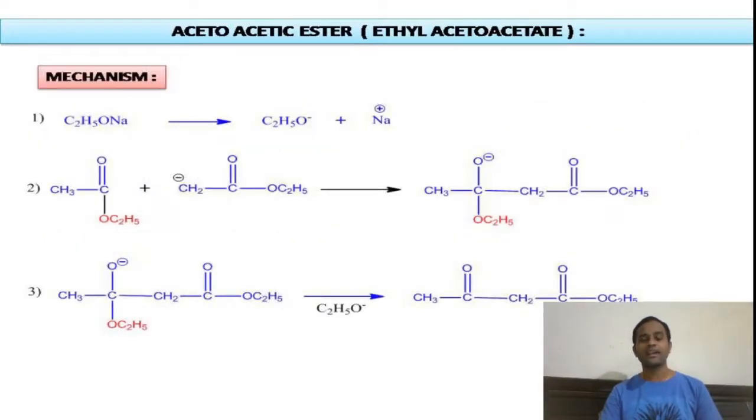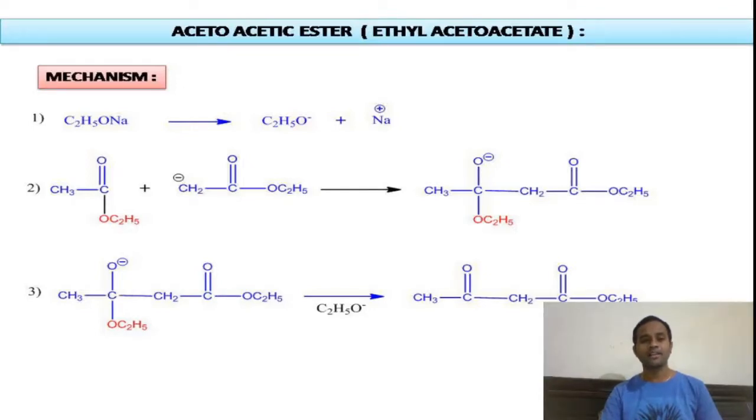And if you look at the mechanism, in the first step we get the ethoxide ion by the dissociation of sodium ethoxide, which is a base. In the second step, the carbon anion is formed by the treatment of the ester with the base.